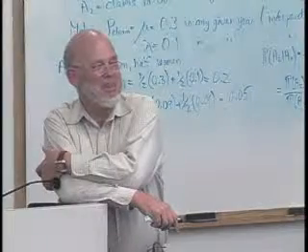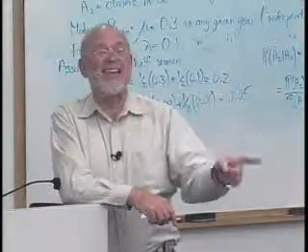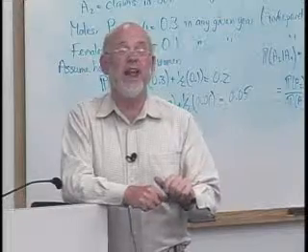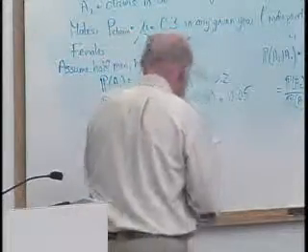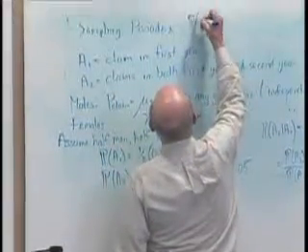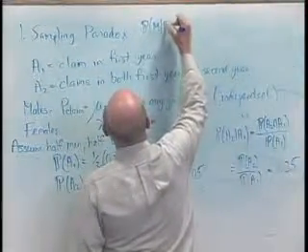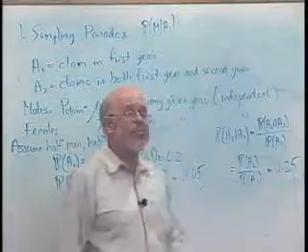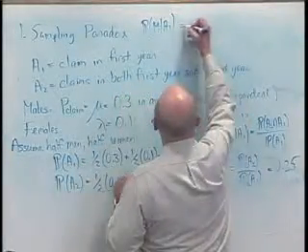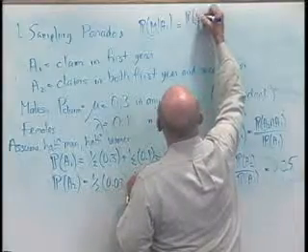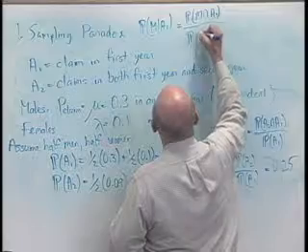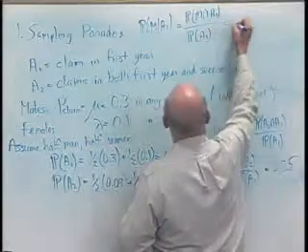Because if there's a claim in the first year, it's more likely to be a man. Exactly. If someone claimed last year, that individual is more likely to be a man. You hit it right on the nose, and let's work this out. Let's work out the conditional probability of M, the person is a man, given A1. This is the probability of M intersect A1 divided by the probability of A1.